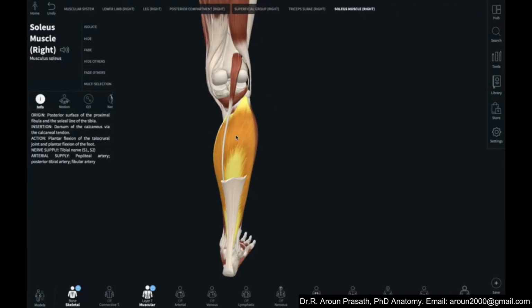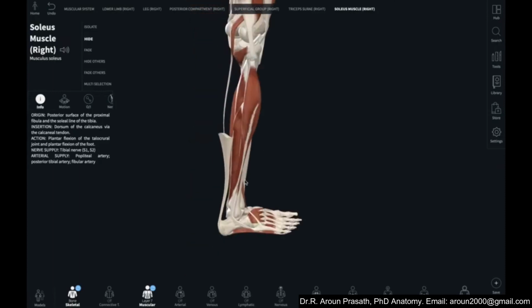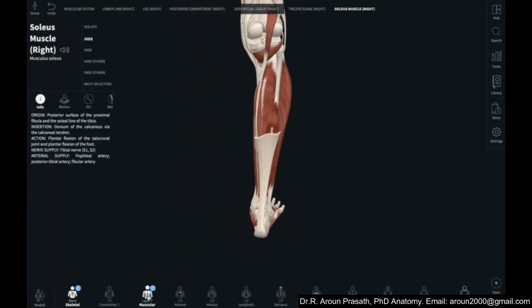You see, this soleus muscle is special. Why? Because some books call this soleus muscle a peripheral heart. I will tell you why. There are deep veins in the leg. There are superficial veins and there are deep veins, isn't it? Yes or no? So you can see here.